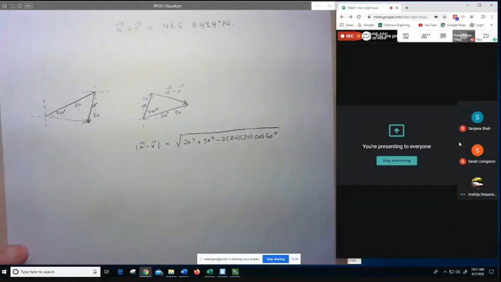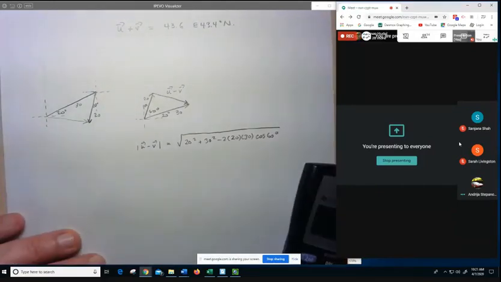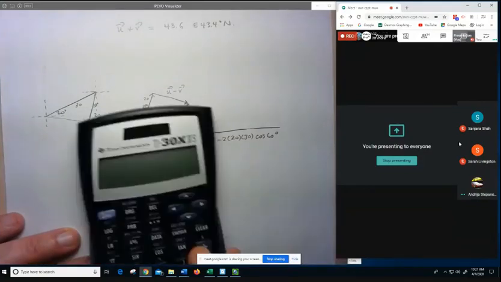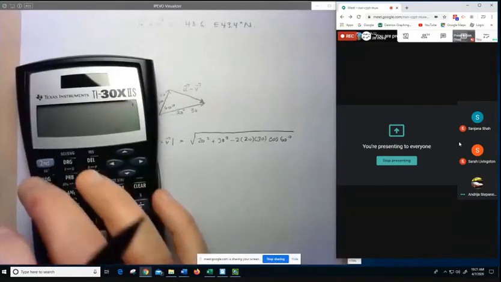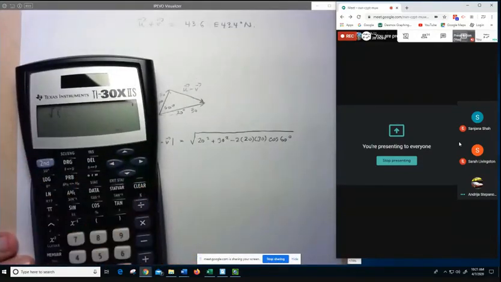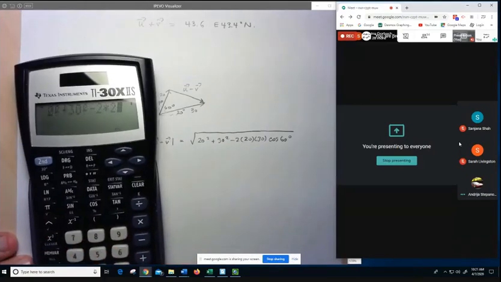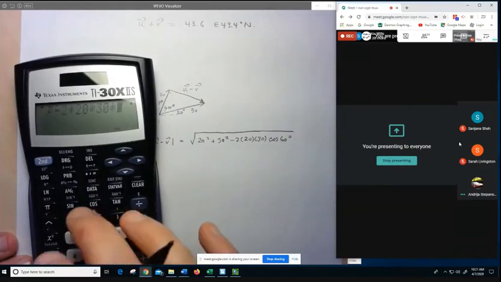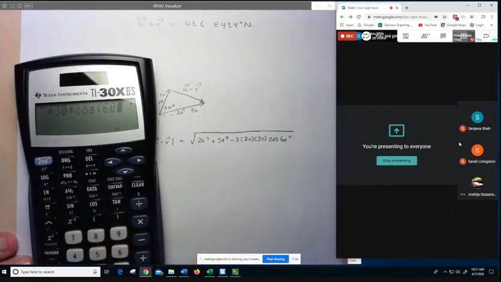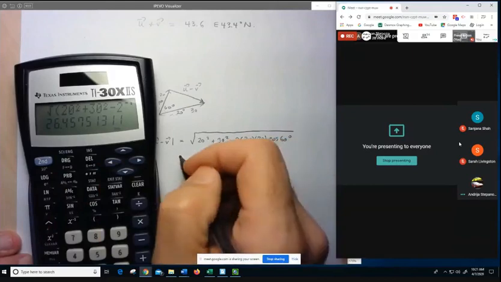So let's calculate that here. What do we got? Square root of 20 squared plus 30 squared minus 2 times 20 times 30 times cos 60. Okay. So we have 26 point, I guess, 5.